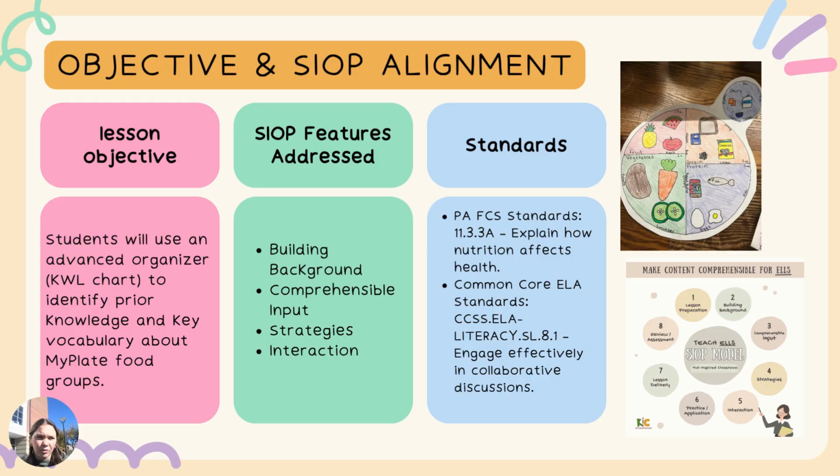Maybe this would be better for third, fourth, fifth grade, where they can actually color in their fruits and vegetables, and you can still do a KWL chart, but maybe you want to shape it like a MyPlate or something. But MyPlate is just a really good website to reference for FCS teachers, but also can be used in other subjects like maybe science, if you're learning about different ingredients, fruits and vegetables, whatnot.